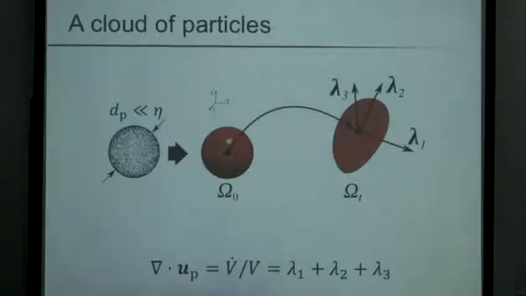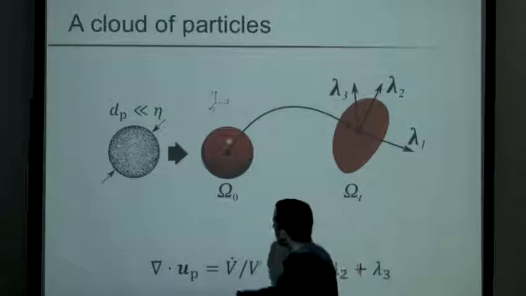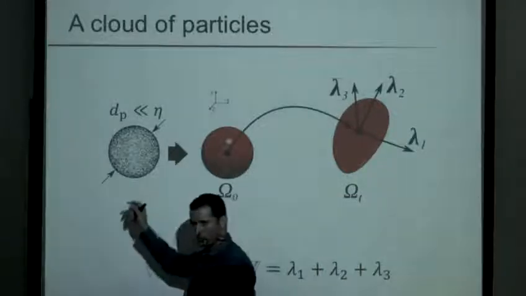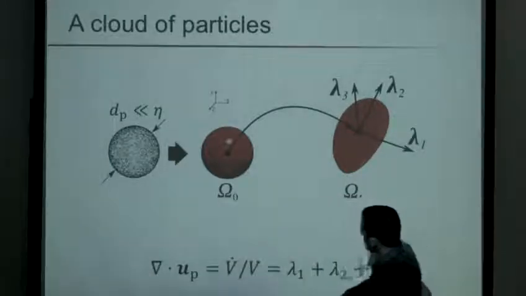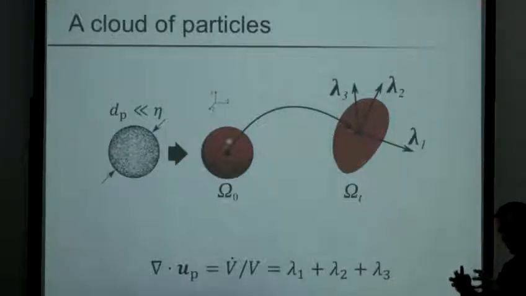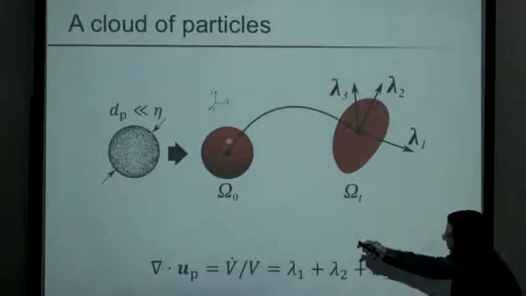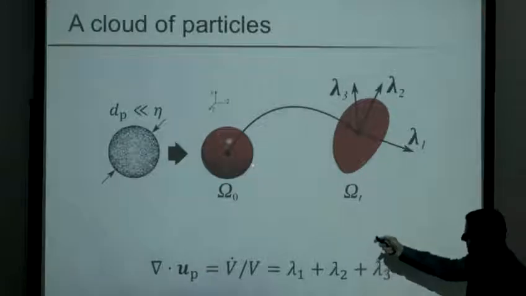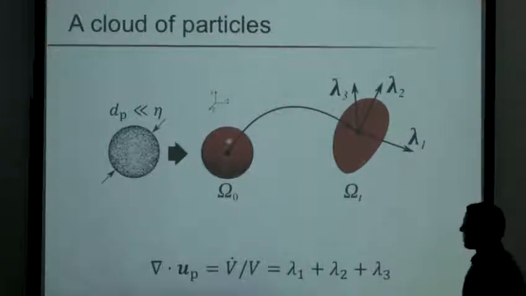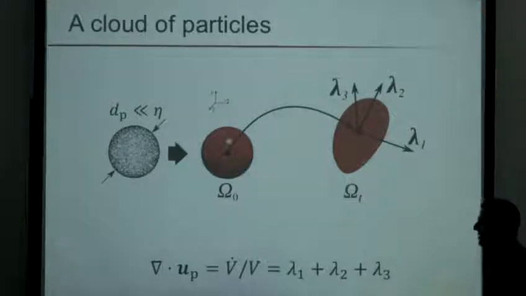So another way of thinking about this is that if you take a spherical shell and seed it with inertial particles, then you could track how the volume that is contaminated by those particles deforms over time, right?